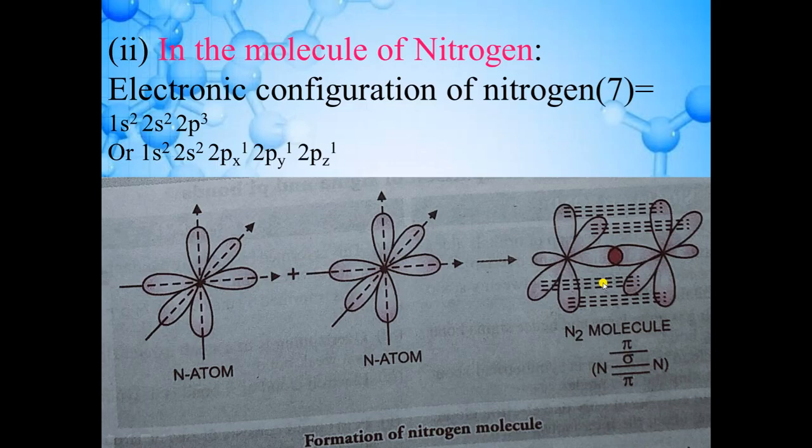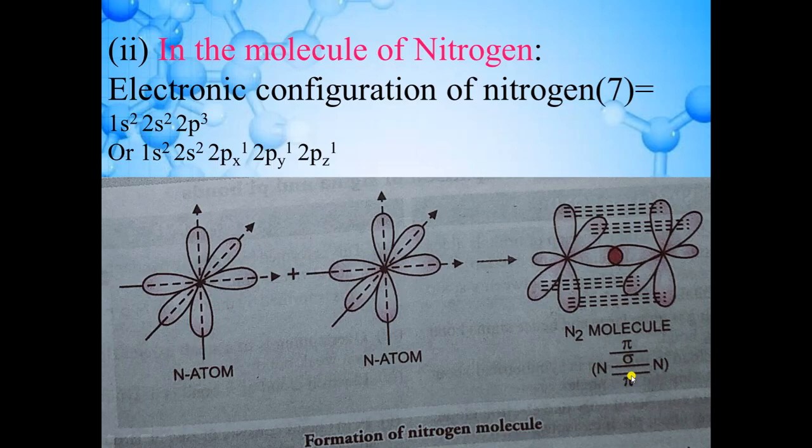Now we will count how many sigma and pi bonds are formed. This one is end-to-end overlapping, and end-to-end overlapping forms a sigma bond. So one bond is present here between nitrogen atoms. Now the second bond is formed by sideways overlapping. There are two sideways overlappings, so there will be formation of two pi bonds. One pi bond will form the second bond and the other pi bond will form the third bond.